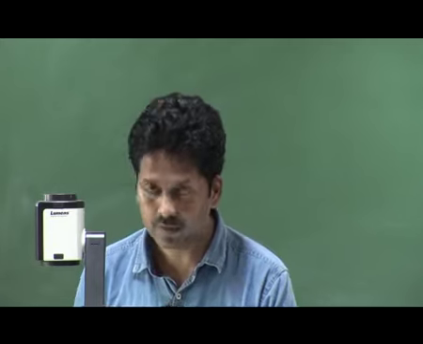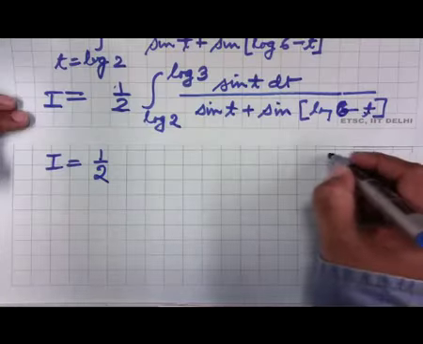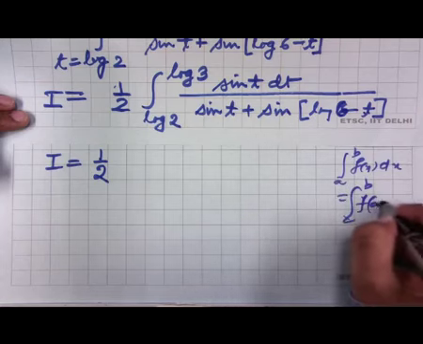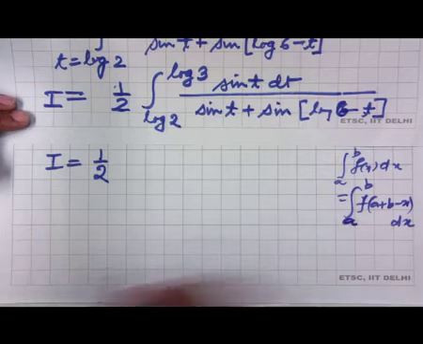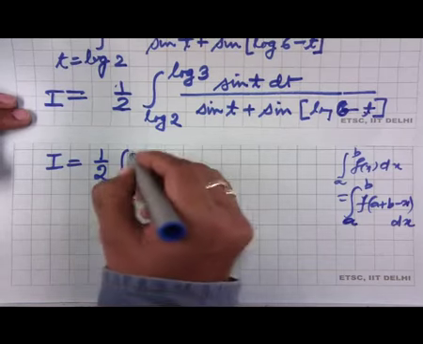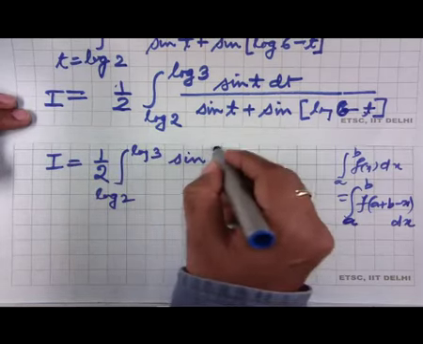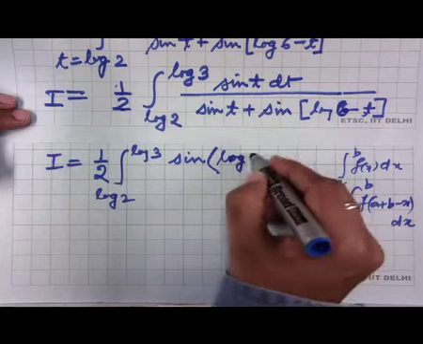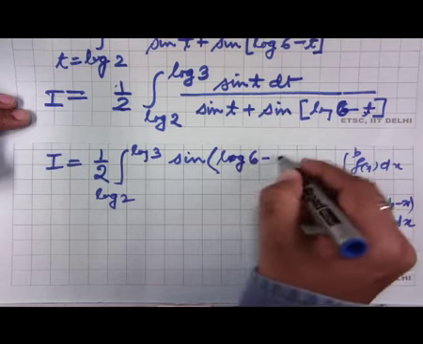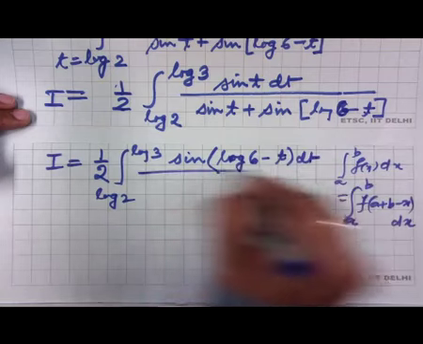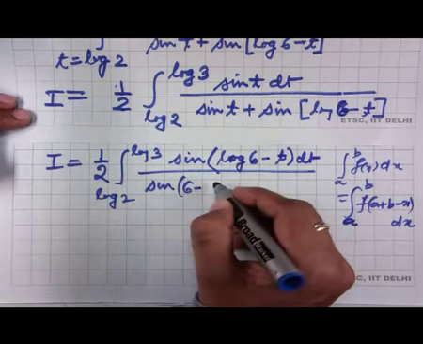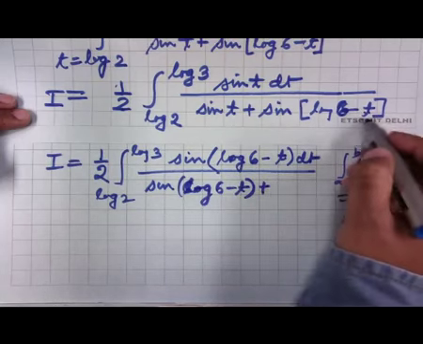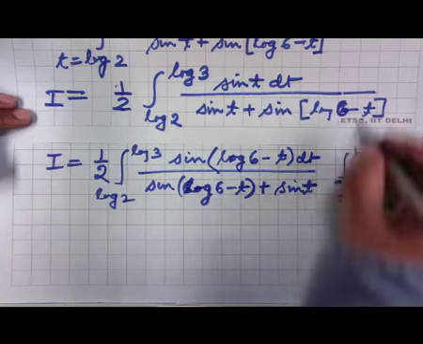Now by applying the property of definite integral, which says that the integral from a to b of f(x) dx is the same as the integral from a to b of f(a plus b minus x) dx, we get the integral from log 2 to log 3 of sin of (log 6 minus t) dt by (sin of (log 6 minus t) plus sin t). Here log 2 plus log 3 will be log 6, and t is replaced by log 6 minus t, so you get sin t from this term.